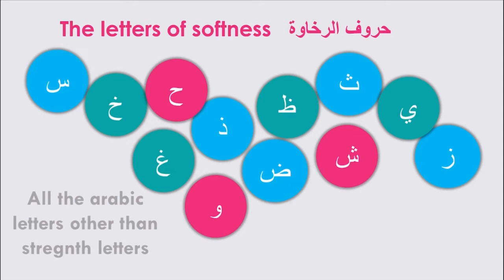Even ضاد has a رخاوة, and this is a very important thing: رخاوة plus استطالة, another characteristic. So this is so important to understand how to make it.